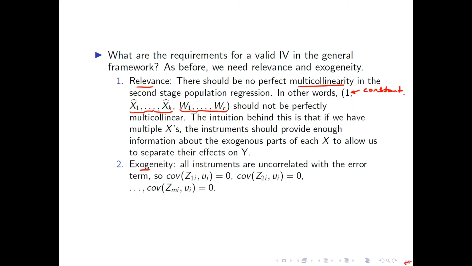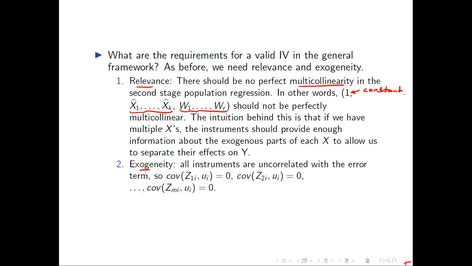And what does that mean? It means that if they are perfectly multicollinear, then you could express one or more of these variables as a linear combination of one or more of the other variables.